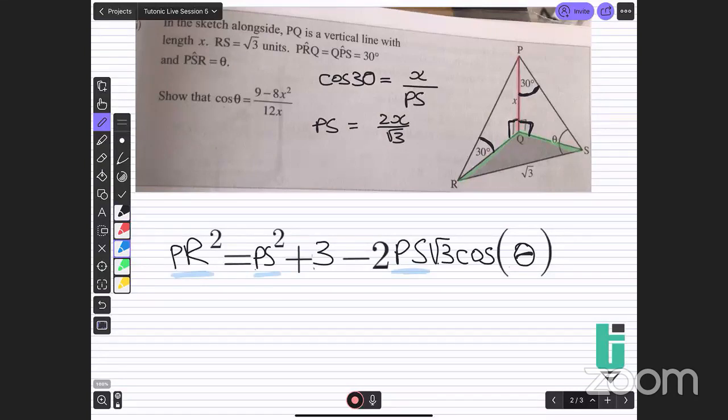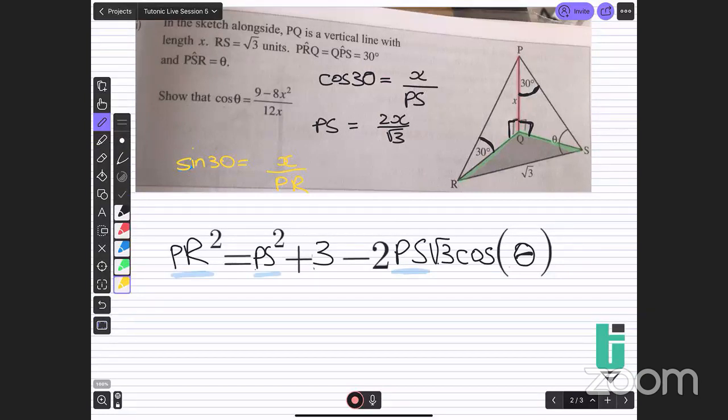You're going to use sine 30 degrees equals opposite, which is x over PR. And therefore PR equals x over sine 30, which is 2x, because when you're dividing by a half, that's the same as timesing by 2.